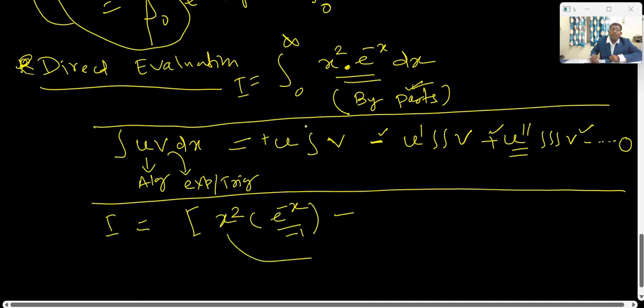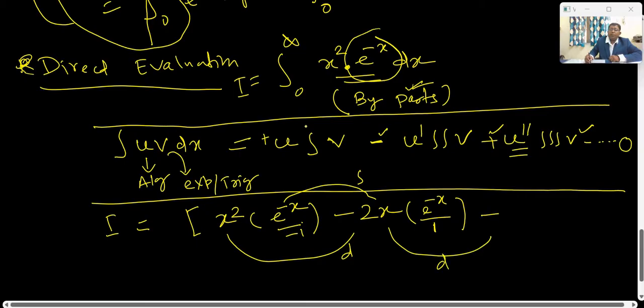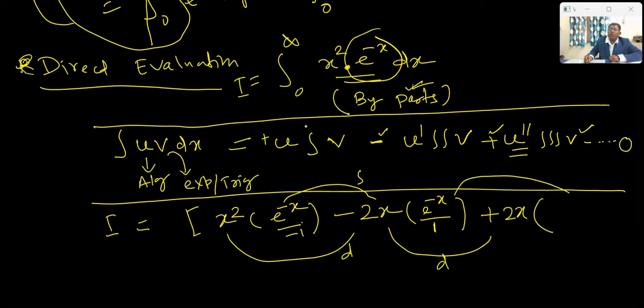Put a negative sign, the derivative of this is 2x, and its integration means the original one is integrated twice, so it is e to the power minus x by minus 1 into minus 1. Then you differentiate again, put a positive sign, it is 2, and the integration of this is e to the power minus x by minus 1, right, minus 1.